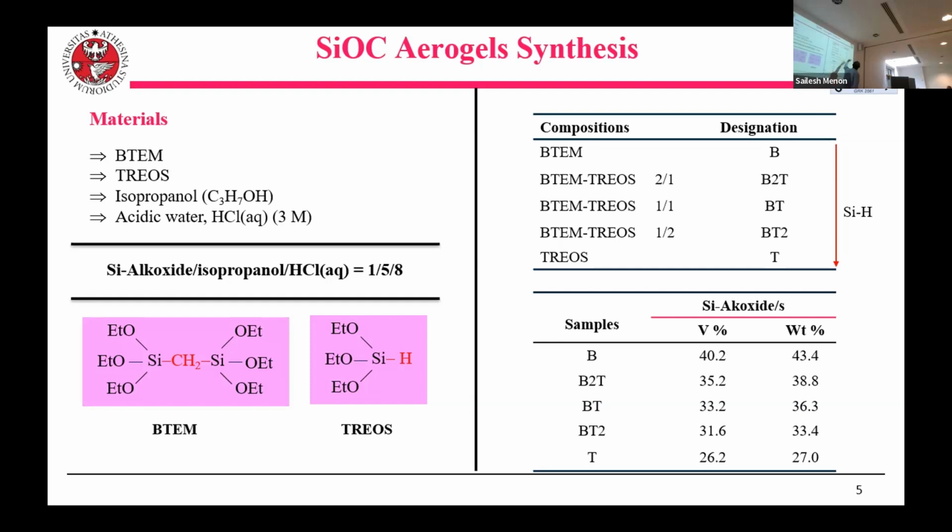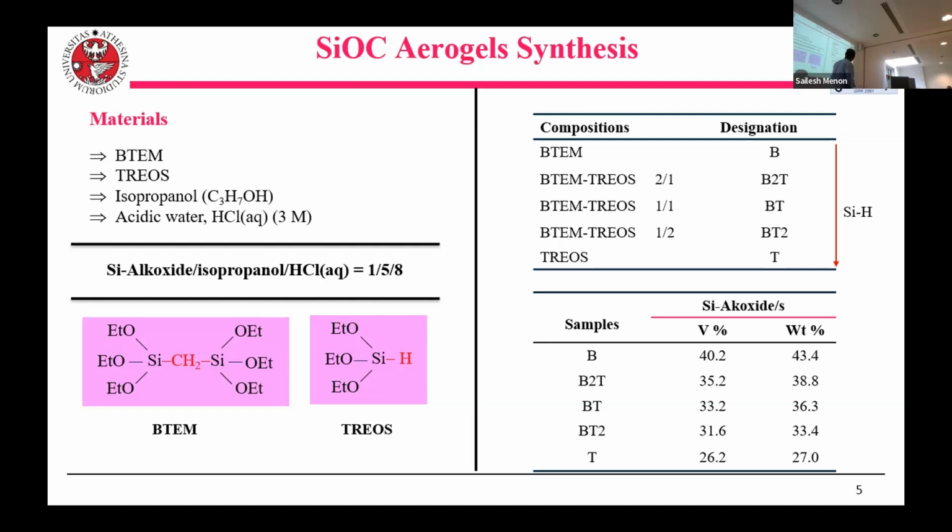The corresponding sample designations are abbreviated like this. If you go from pure BTM to TRIS, the amount of TRIS increases, which means the amount of Si-H bonds increases.